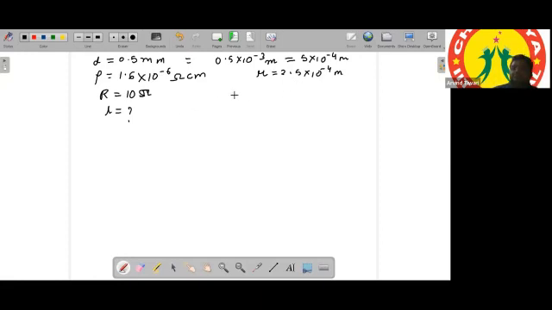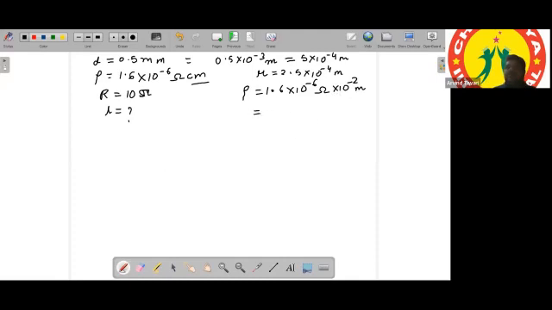Then see, resistivity is given as ohm centimeter. You have to convert it to meter. This is 1.6 into 10 to the power minus 6 ohm multiply centimeter. So you just need to convert the centimeter to meter, as 1 centimeter is equivalent to 10 to the power minus 2 meter.